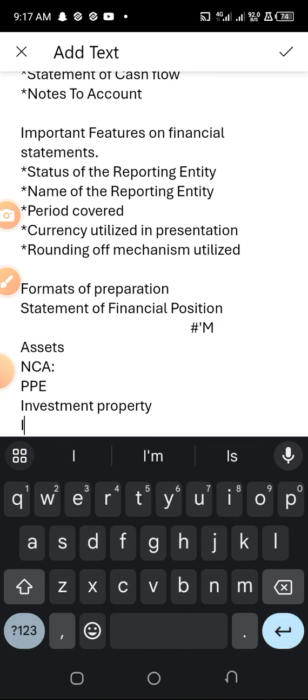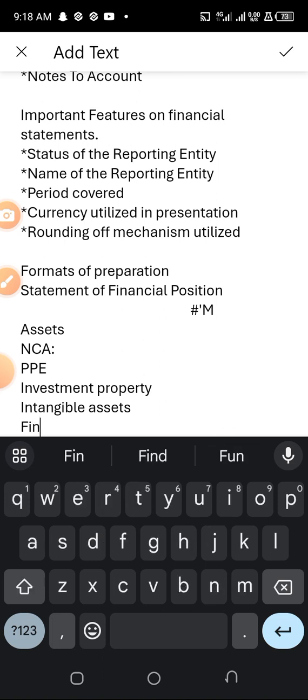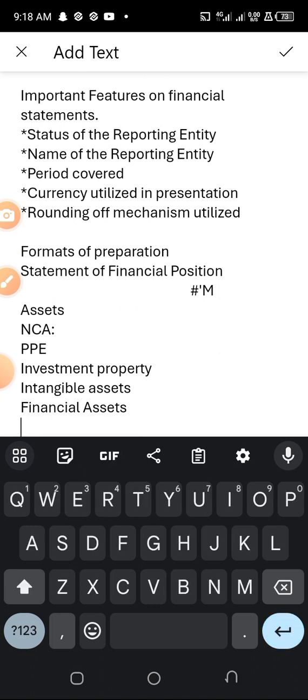And then after this one, we have what we call the intangible assets, and this one is also treated under IAS 38, if I'm not mistaken. Do well to also look at some of my presentations on these. And then after this, we have financial assets. Financial assets is also under IFRS 9, as well as other standards that deal with it.